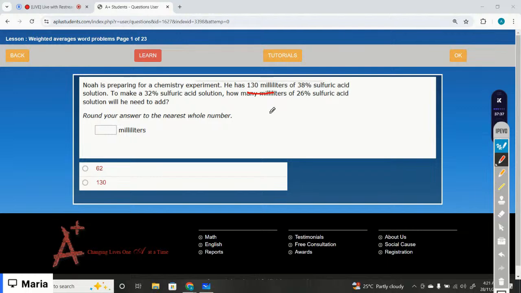You can make a table: 0.38 and 130 milliliters of sulfuric acid. Now you have to see 0.26, how much sulfuric acid you have to add, right? And then you have 0.32 sulfuric acid you have to calculate.